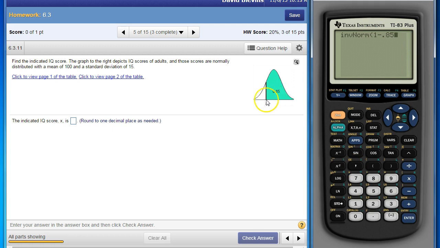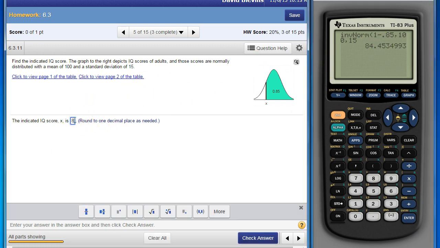If the area is to the right, it's 1 minus that area, comma, mean, standard deviation. So mean is 100, standard deviation is 15, and again there's our number, 84.5.